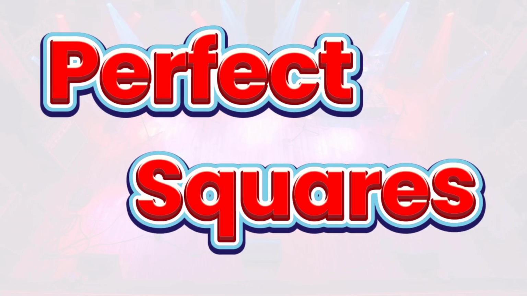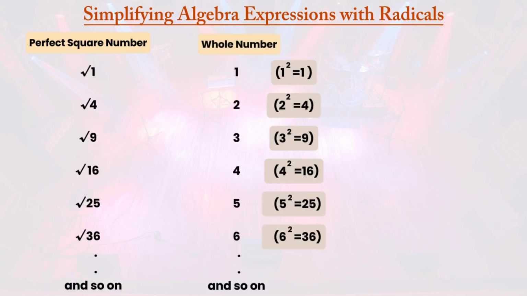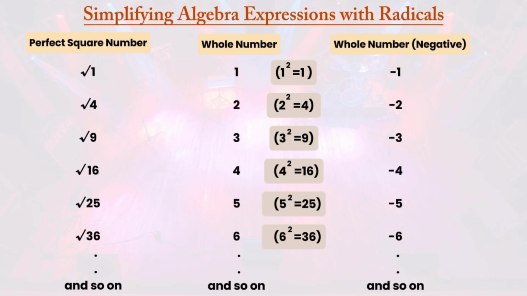Now, let's discuss what is called the perfect square. When dealing strictly with numbers, we have our perfect squares like 1, 4, 9, 16, 25, 36, etc. They are considered perfect squares because when square rooted, we get a whole number like 1, 2, 3, 4, 5, etc. This also applies to negative whole numbers.